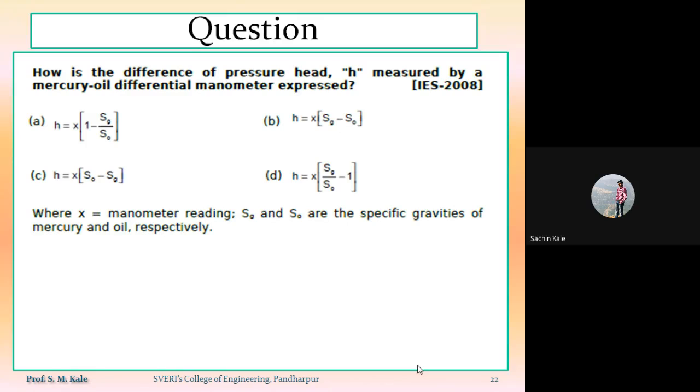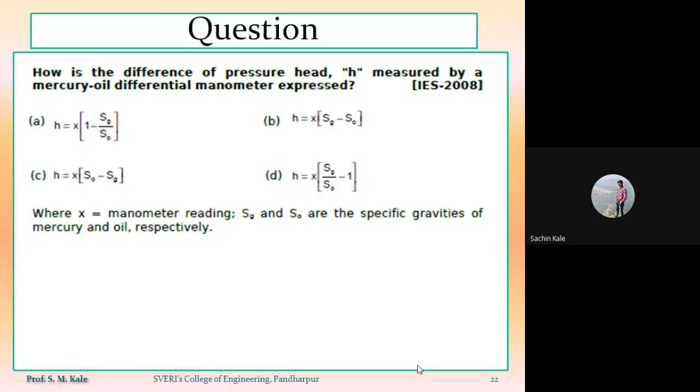And second, where the manometric fluid is lighter than the fluid passing through the pipe, we use the formula H is equal to x into 1 minus specific gravity of the lighter fluid divided by specific gravity of the heavier fluid. Here, in the problem, they are using oil and mercury. Mercury is heavier than oil, and here we are using a mercury oil differential manometer.